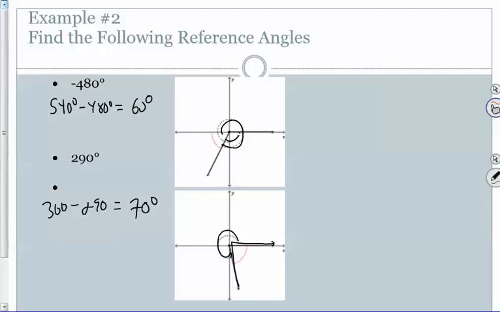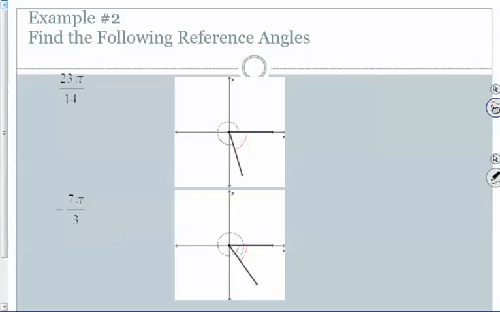Now for the next example, we're talking about radians: 23 pi over 14. 23 pi over 14 is in the fourth quadrant.